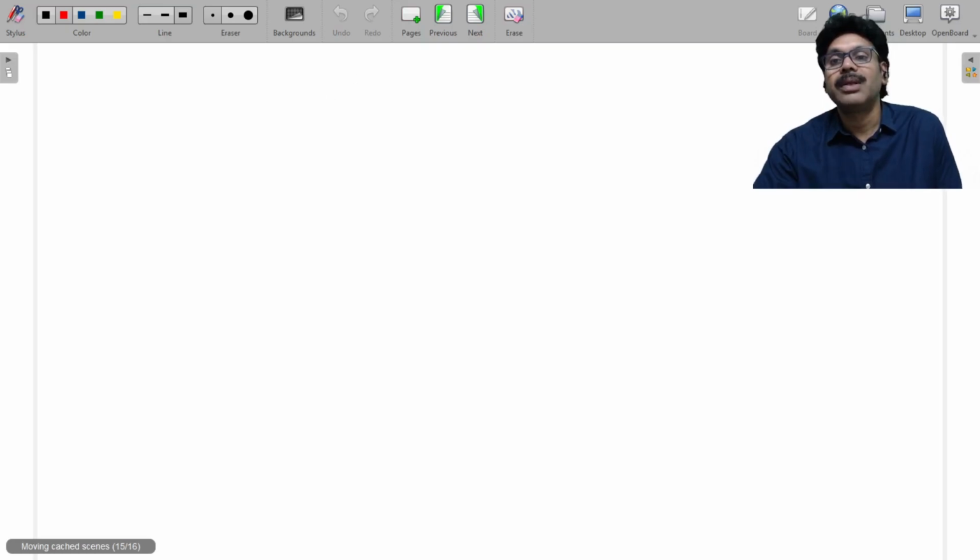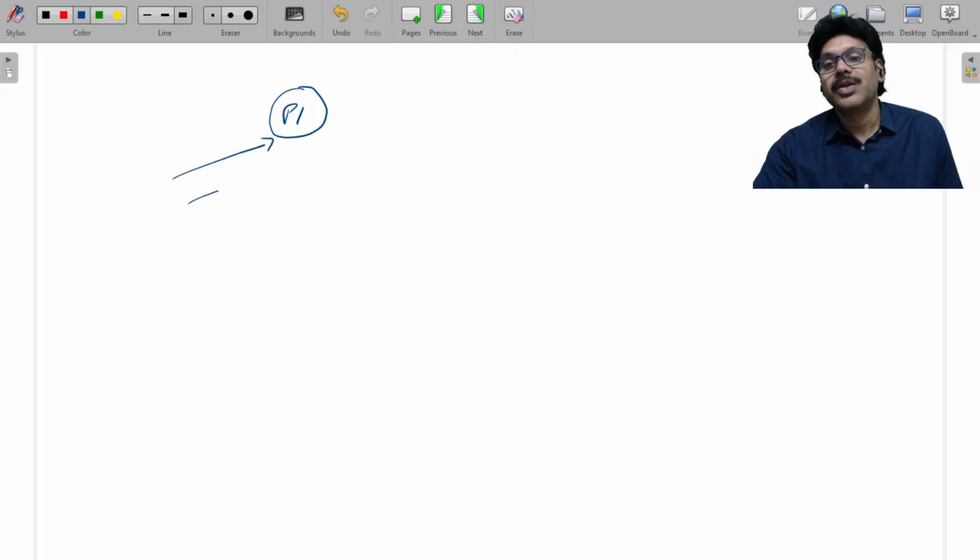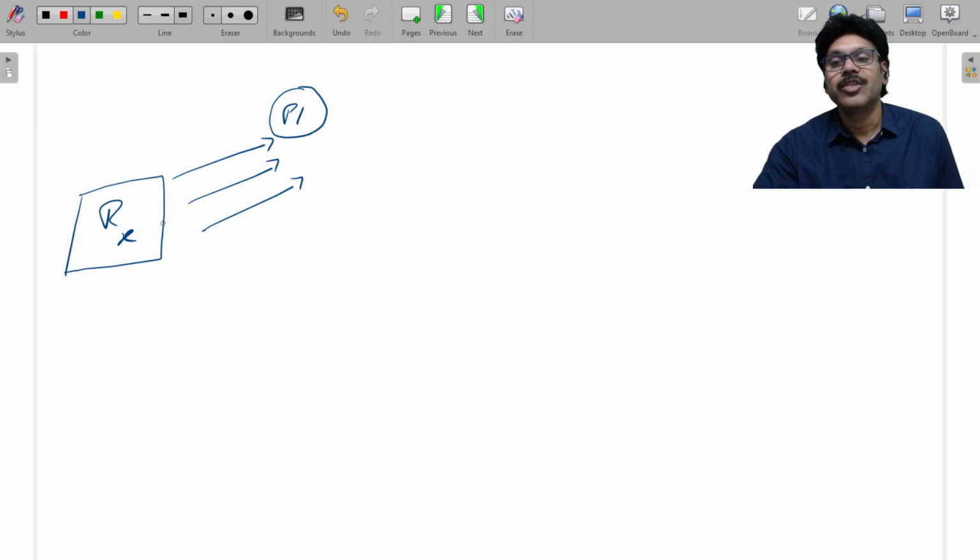And one more example. This is P1. It got three arrows like this from Rx. Rx has three copies, three already given. Therefore, this is busy, this is also busy, this is also busy.